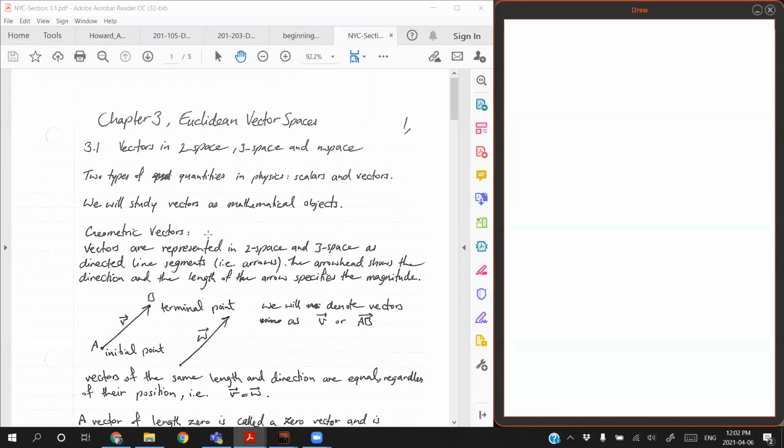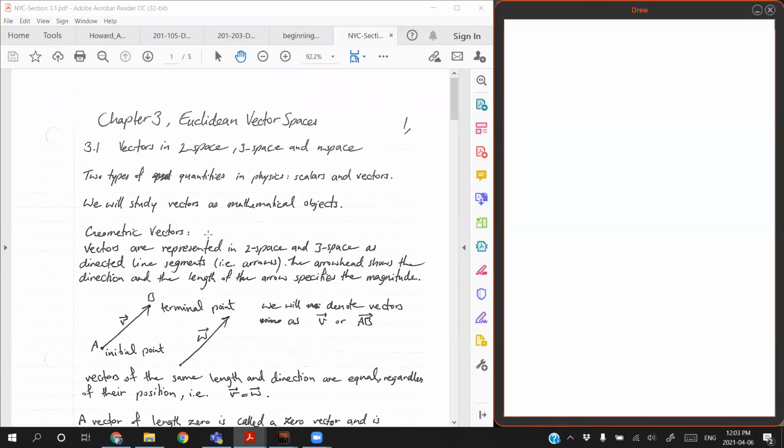But there are some other quantities in physics that cannot be described only by one number. These are quantities that need to be described using magnitude, how big that quantity is, and also direction. Examples are force and magnetic field.